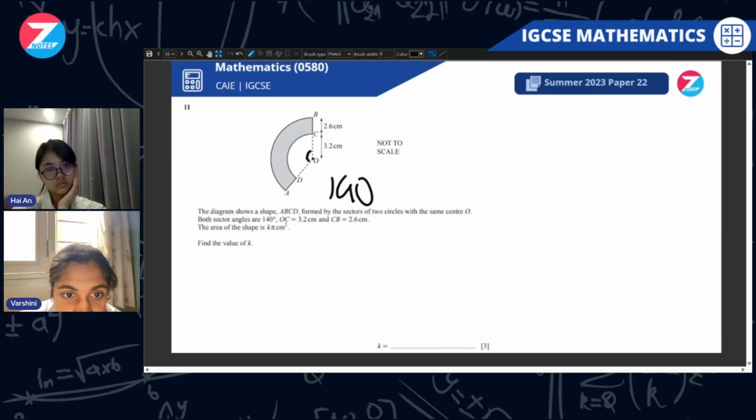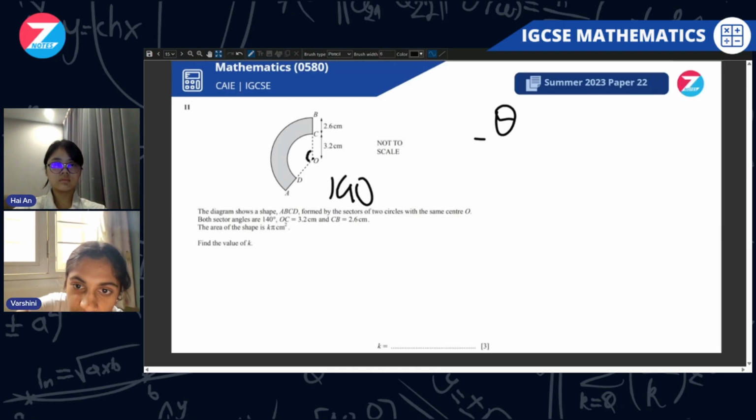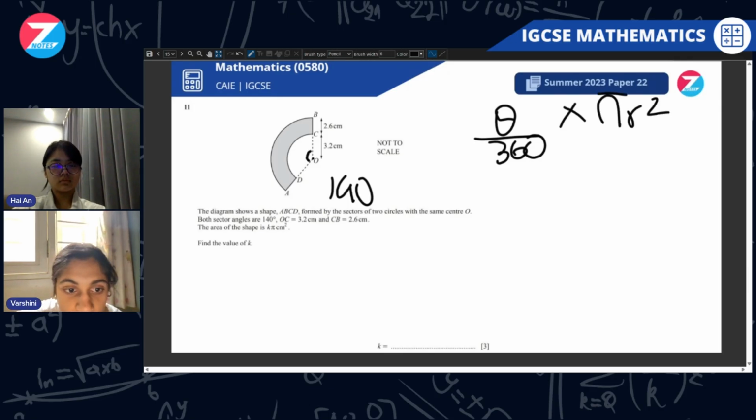Okay, so first we know that the area of a sector is just going to be the angle, which here we can take as theta. So it's going to be theta by 360 into pi r squared. So they want the area of this shaded shape.